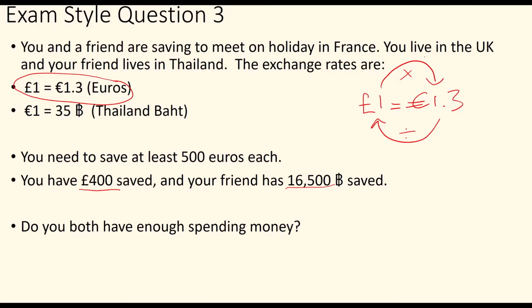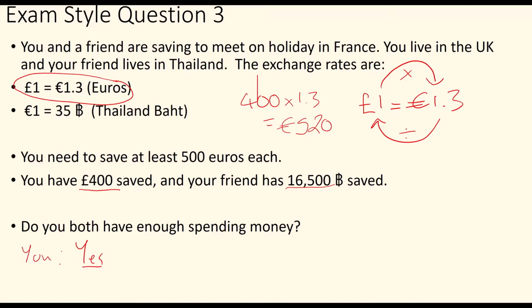That's the top part of the circle. So we're going to multiply 400 times 1.3. Do you think it'd be enough? Can you estimate it? You have saved €520. So you've got enough. Well done, you. Yes, you have saved enough.